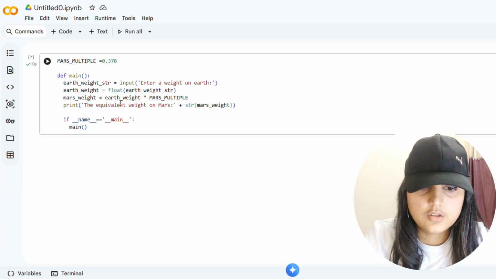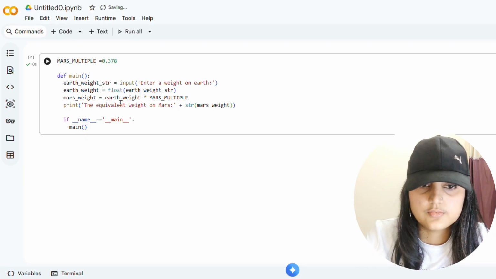Mars multiple, okay, 0.378, and then we are defining the main function, and then we are taking the input and we are converting the input. Then the Mars weight is Earth weight into Mars multiple. Then we are printing this weight.